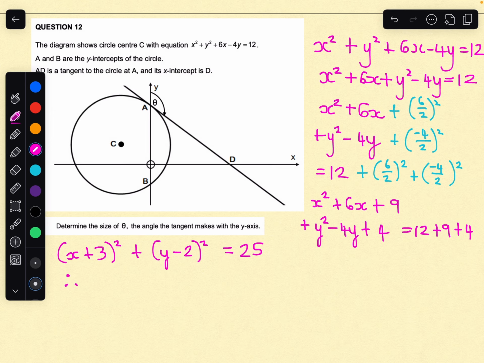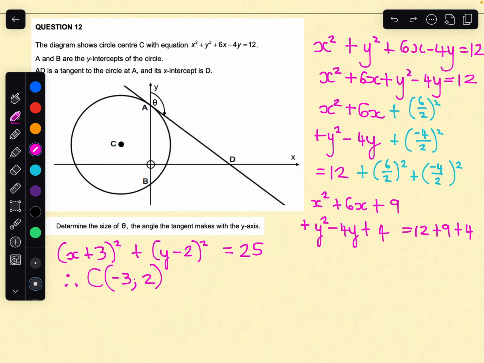So what that then tells us is the coordinates of C, the center of the circle, which will be -3 and 2. And as a fun side note, the radius will be the square root of this, which is 5.